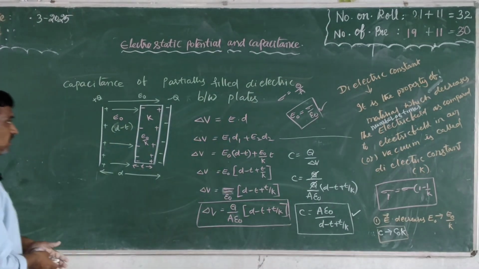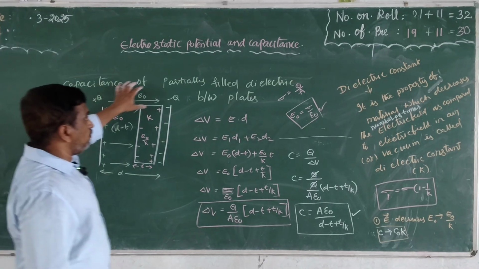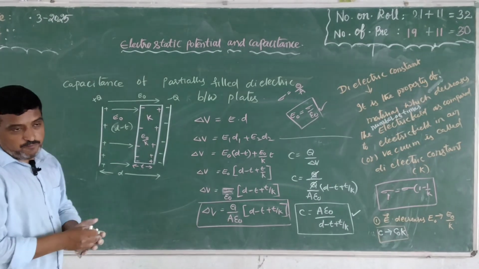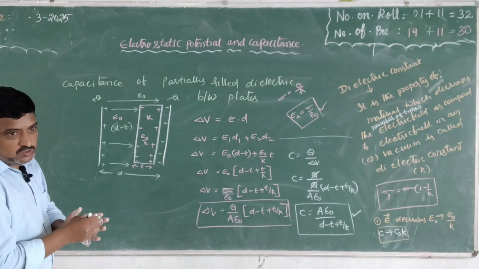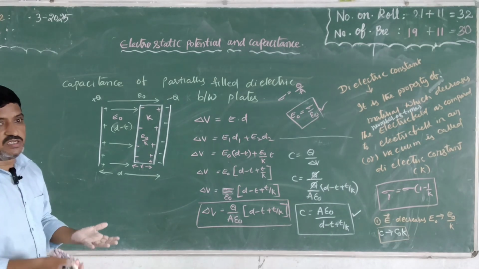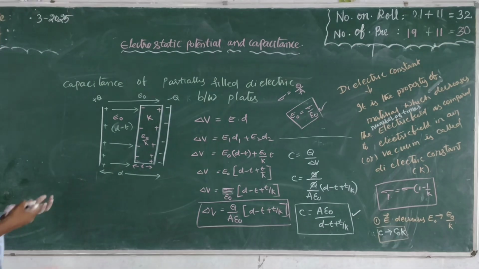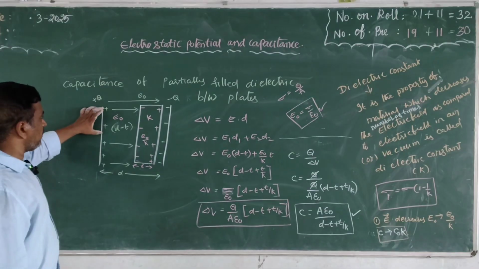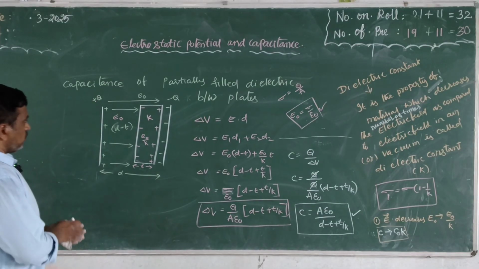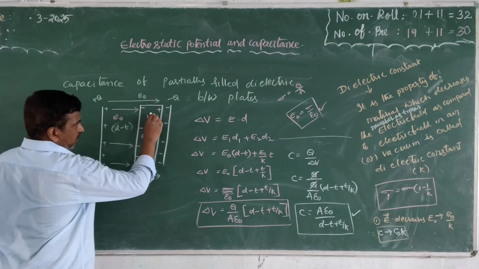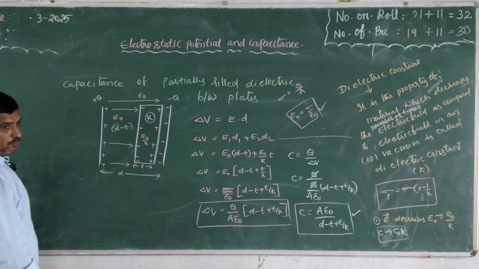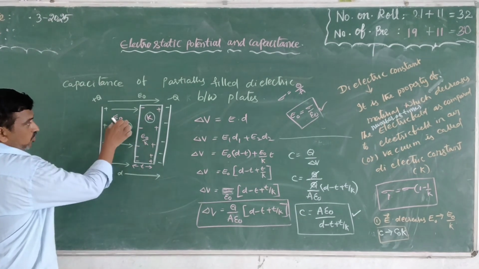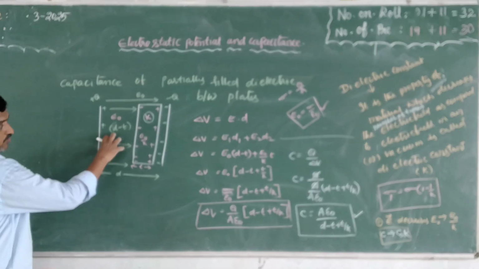See, let me explain again. Capacitance of a partially filled dielectric between the plates. If the dielectric fully filled the gap, the capacitance would increase K times, giving K epsilon naught A by d. But here K is the dielectric constant, and the electric field inside the dielectric is E naught by K, where E naught is the electric field between the plates.